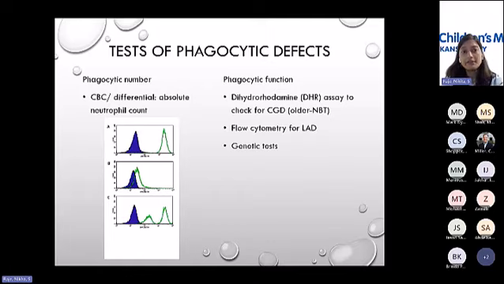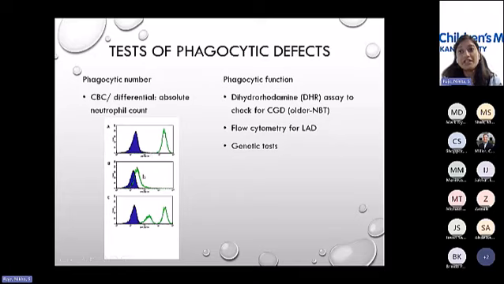Your testing involves dihydrorhodamine assay or oxidative burst test, just different names for the same test, where it looks for fluorescence, and this chart here shows what it looks like in a histogram, where there is a shift on the graph if there is good fluorescence, which means that there is oxidative capacity, and that's a normal person's oxidative burst.